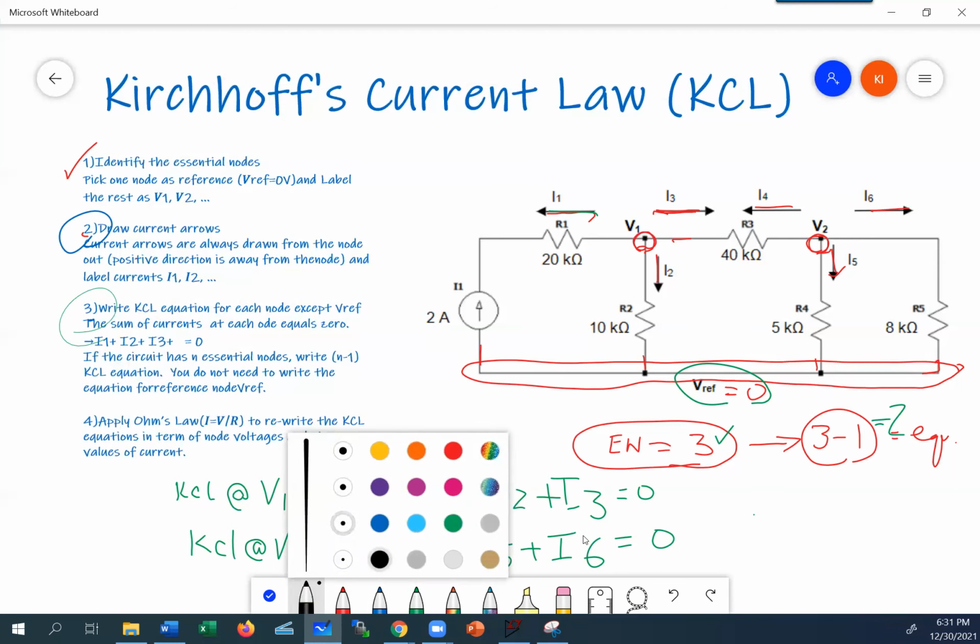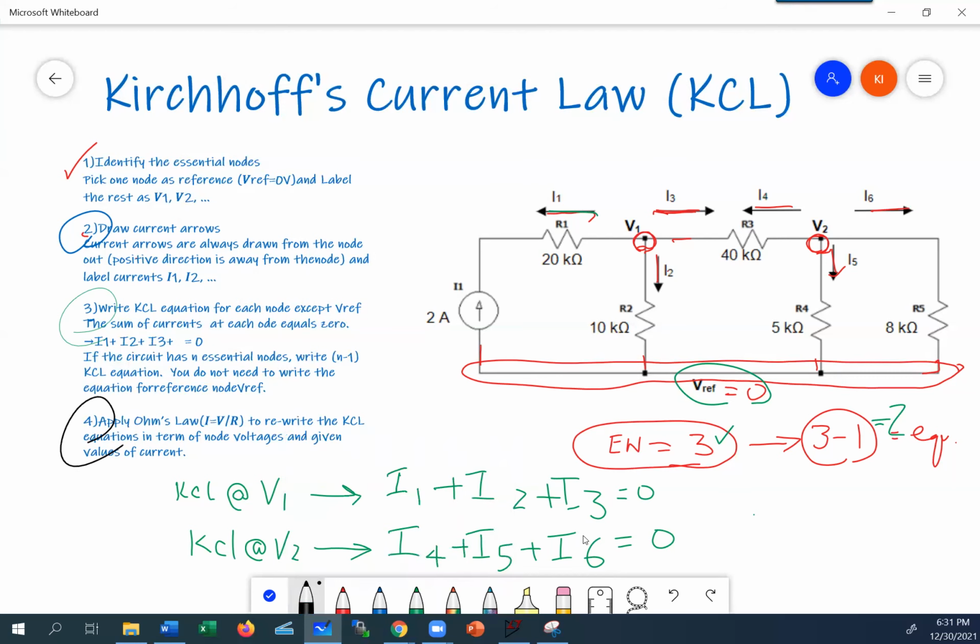So we're going to do step 4 in black, and step 4 basically says what my goal is. Right now I've got 6 variables and 2 equations.